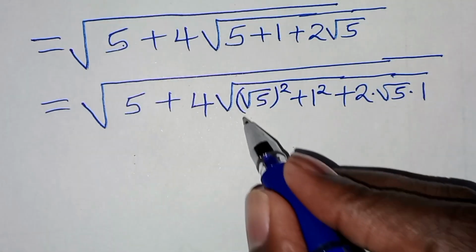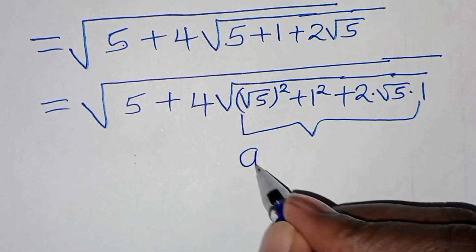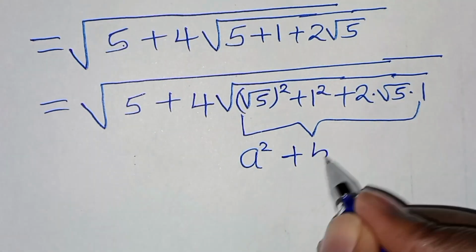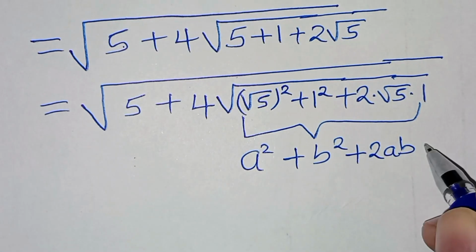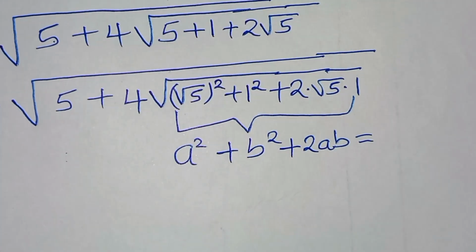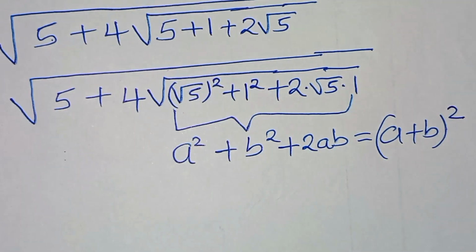Now, if we check keenly here, this part is in the form of a squared plus b squared plus 2 times a times b, which we can express as a plus b squared.